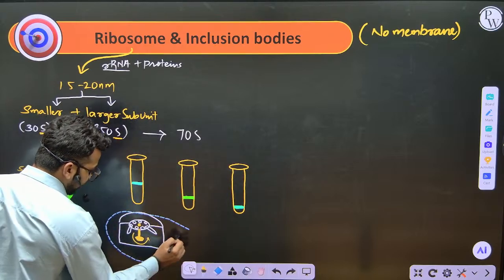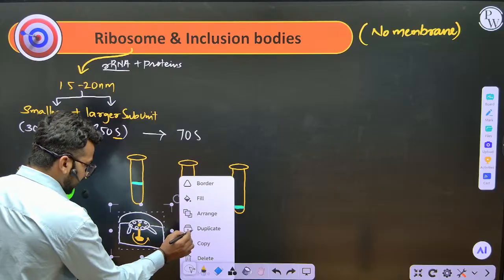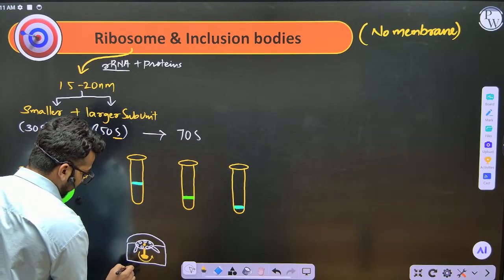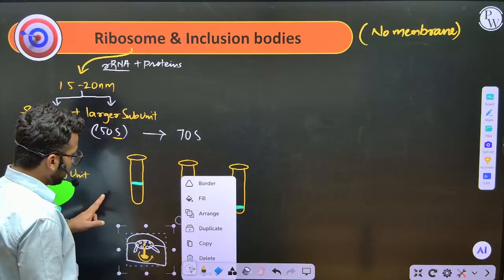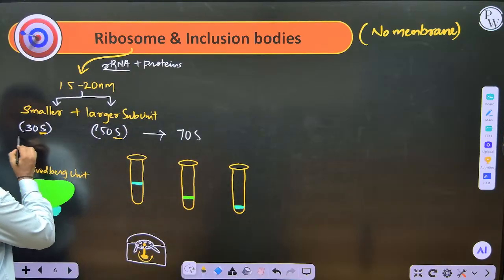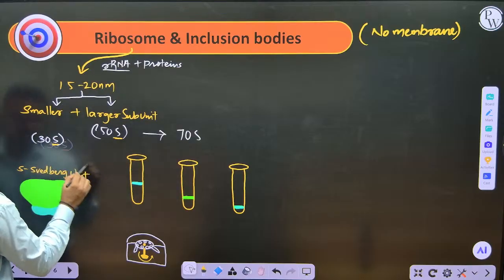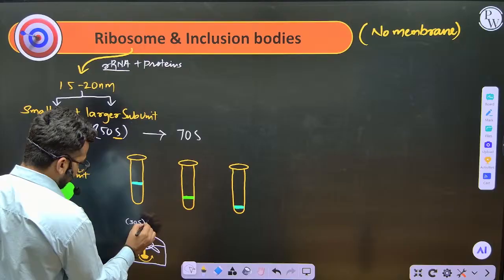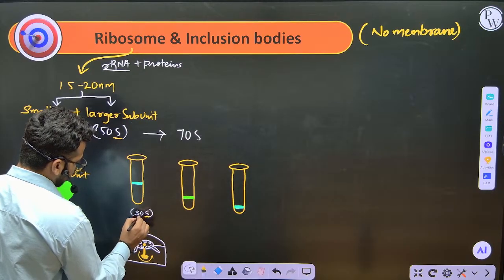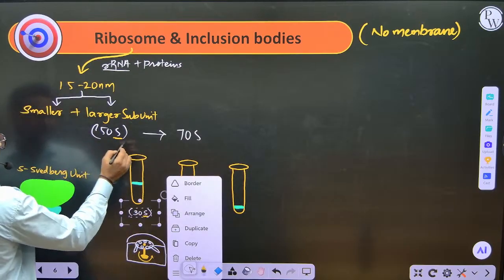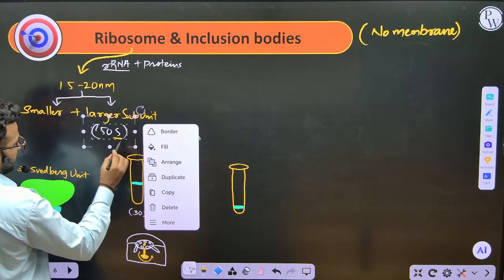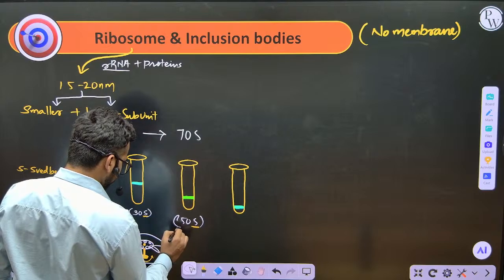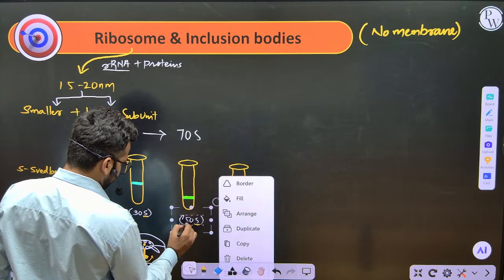So this is the centrifugation machine. It is used for centrifugation, and it works based on centrifugal force and based on the density gradient, the movement of molecules takes place. Here is the 30S smaller subunit, and here is the larger subunit showing 50S.